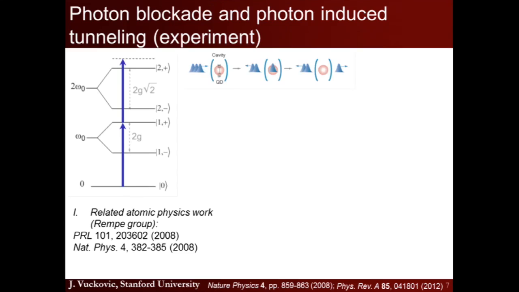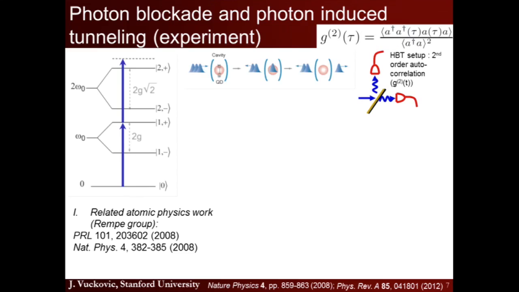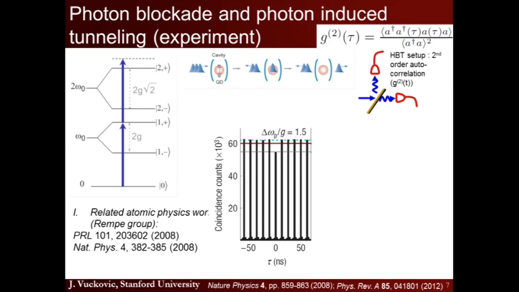So here is, for instance, what happens in the photon blockade. We measure g2 using this Hanbury Brown and Twiss type setup. And of course, for just a laser, we expect to see all the peaks in this g2 measurement to have the same height. But in our case, the central peak has a suppressed height relative to the side peaks. And that's sub-Poissonian statistics that originates in this regime of photon blockade.